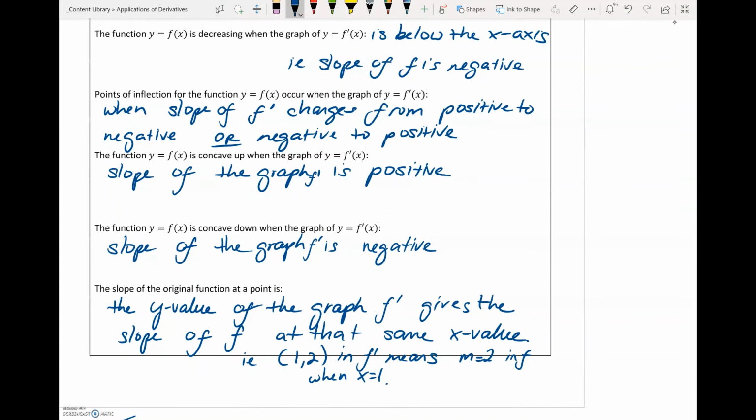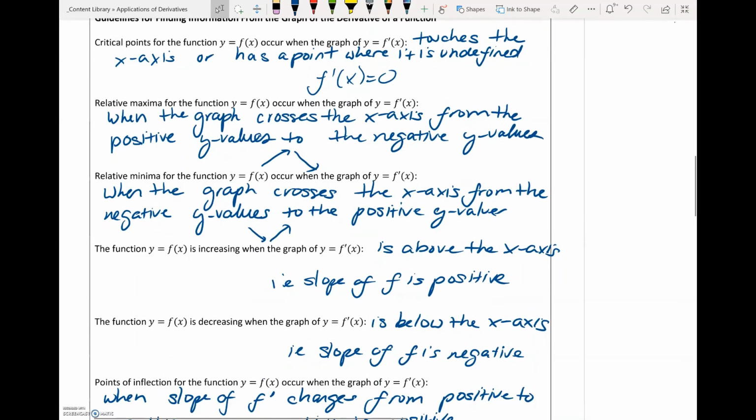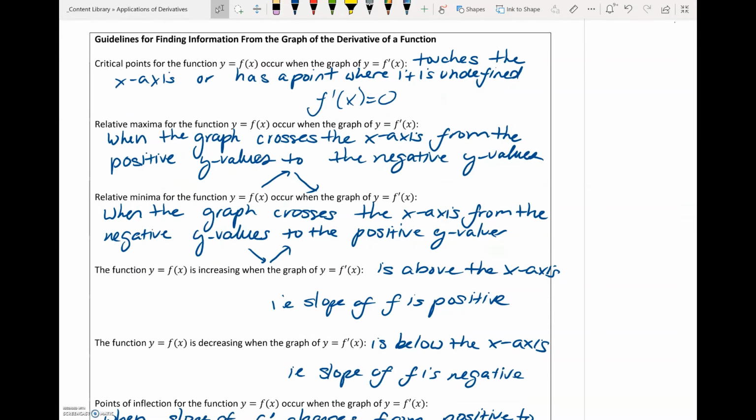And then lastly, if we're looking at the slope of the original function at a point, the y value of the graph of f prime gives you the slope at that same x value. For example, if we're looking at the point (1, 2) in f prime, this means your slope is 2 when x is equal to 1. Okay, so this is the summary of how we are able to find information about f from the f prime graph.